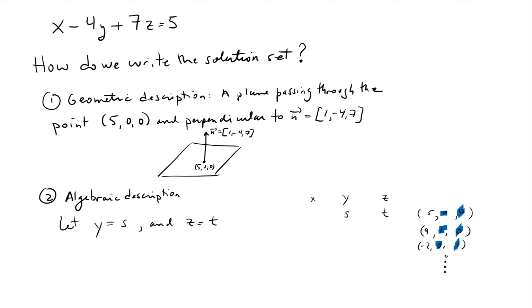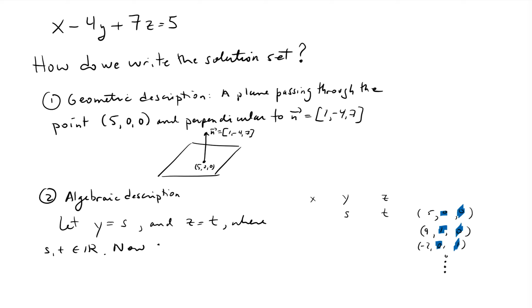So I'm replicating this, but in a very general way. I'm not specifying what s and t can be. They can be any of my favorite values, where s, t are some real numbers.